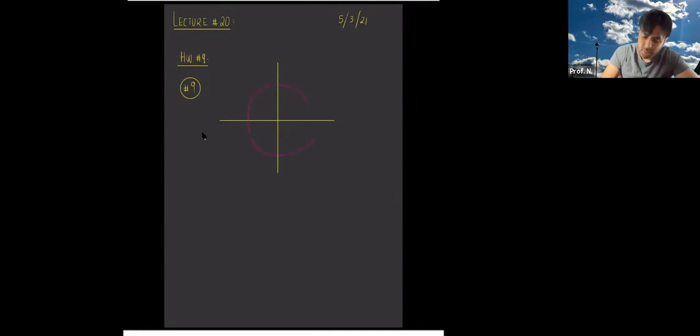This is my unit circle. What's my unit circle say? What's my center? 0, 0. What's my radius? 1.